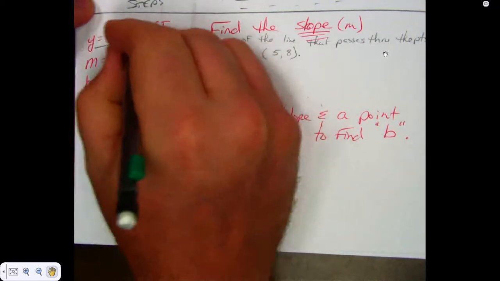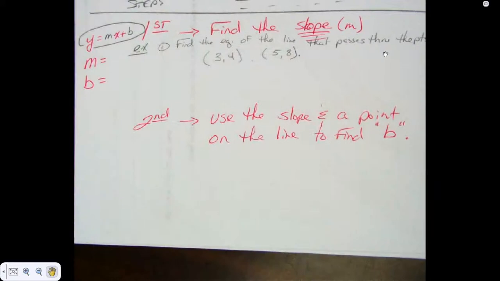B. What's the first thing I asked you to find? Slope. Okay.